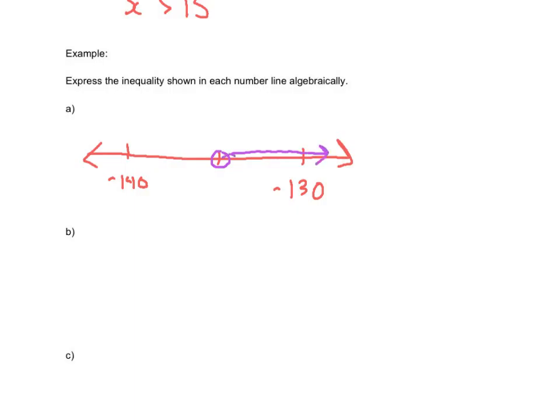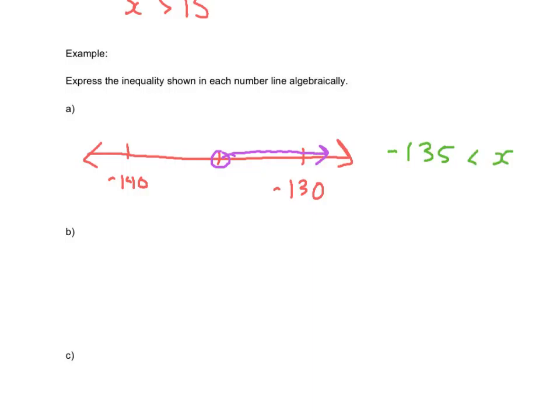Okay, so we look at that, and first we need to determine what that boundary point is. Well, the boundary point looks like it's right in between negative 140 and negative 130. Let's call it negative 135. Okay, and the values are to the right of negative 135, which means that negative 135 is going to be the smallest, so it's less than all the other values.